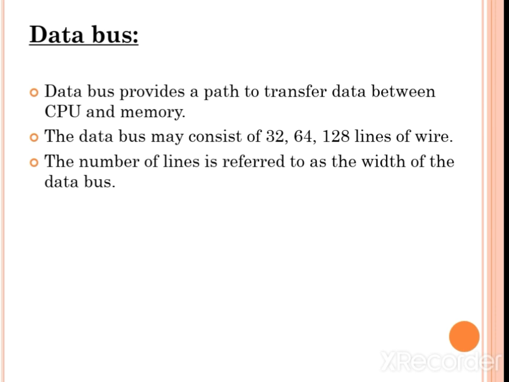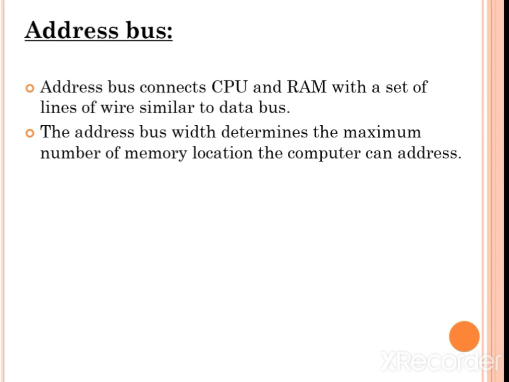So the main function is that the data bus provides a path to transfer data between CPU and memory. And you know, the data bus width affects the speed of a computer. A 16-bit line bus can transfer 16 bits of data, and the bus speed is measured in megahertz, and the higher the bus speed, the faster the processor speed. This is about data bus.